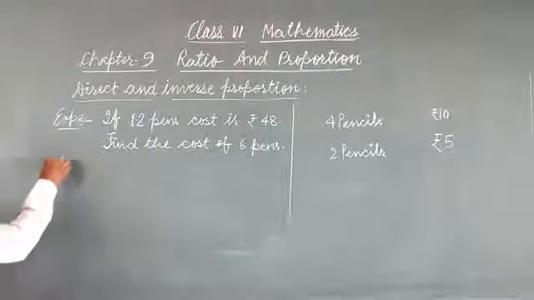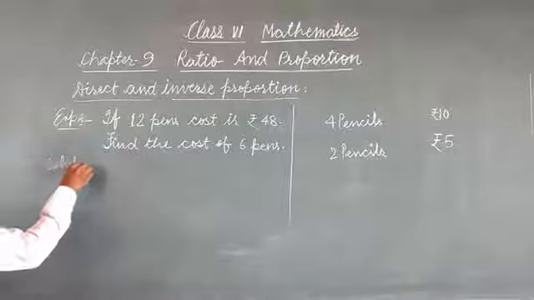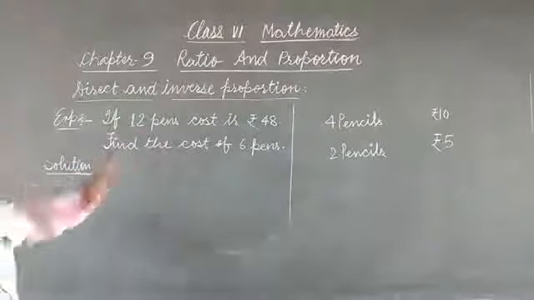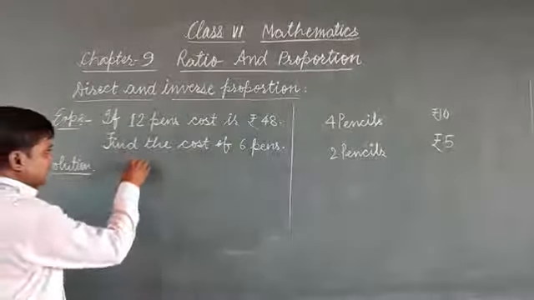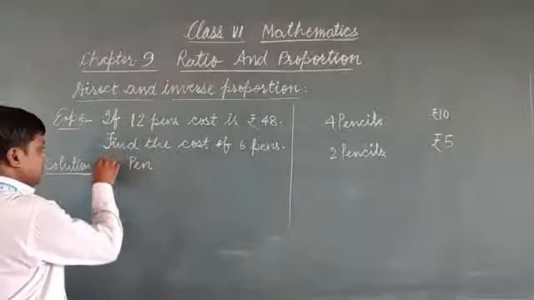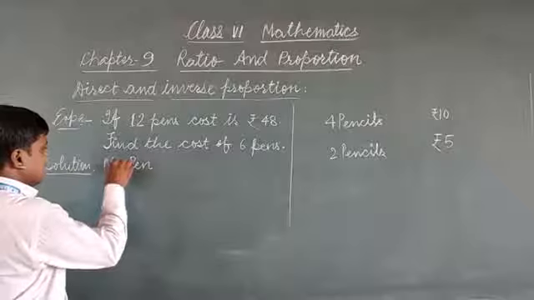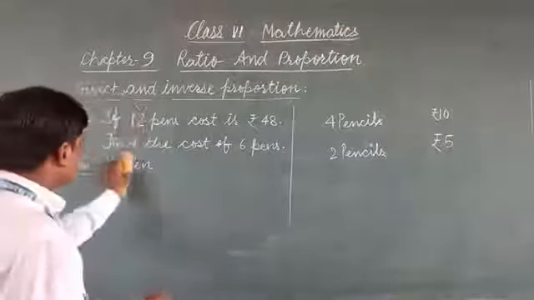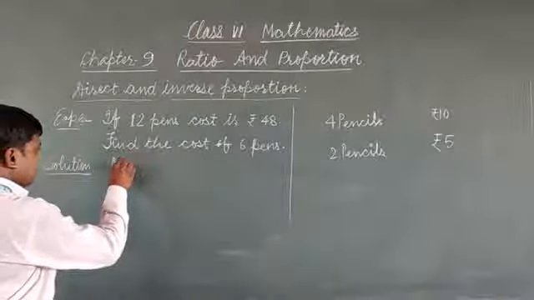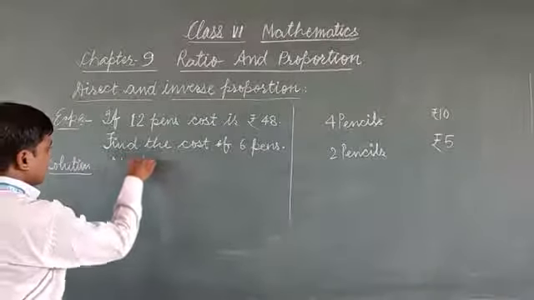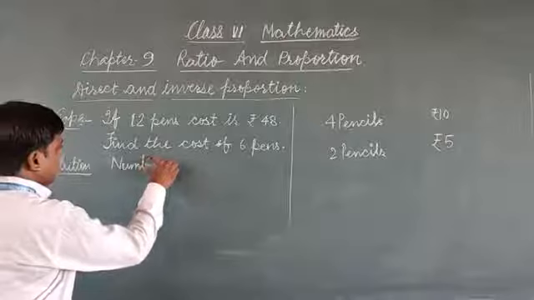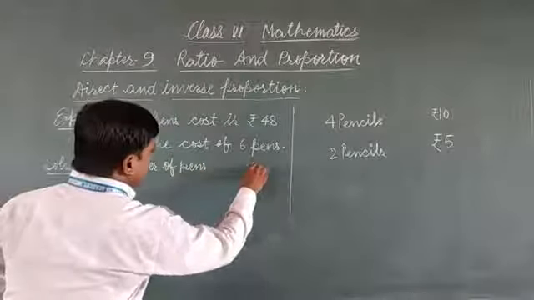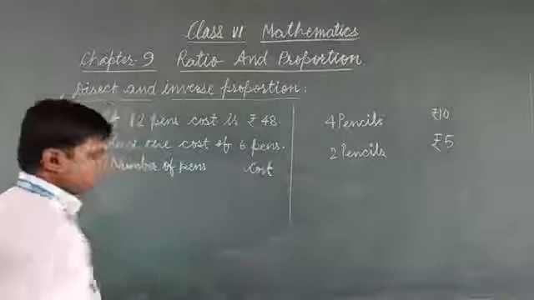You have the solution like this. We will write pen here, means number of pens, and on this side we will write cost.